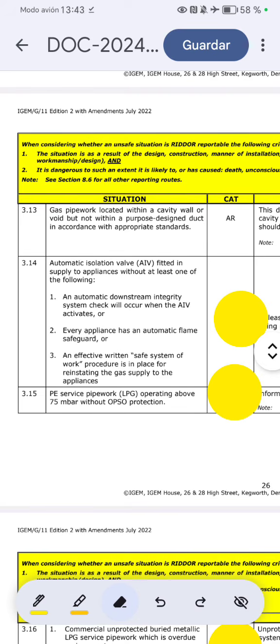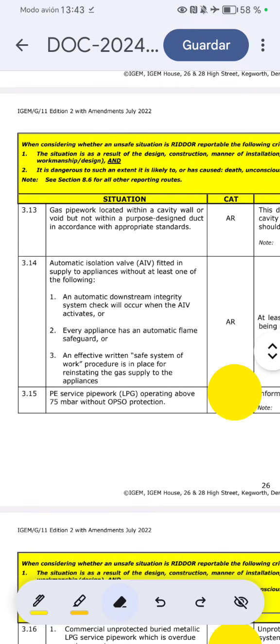An effective written safe system of work procedure is in place for reinstating the gas supply to the appliances. At risk again. These don't sound like ID situations. This is the same. Right.